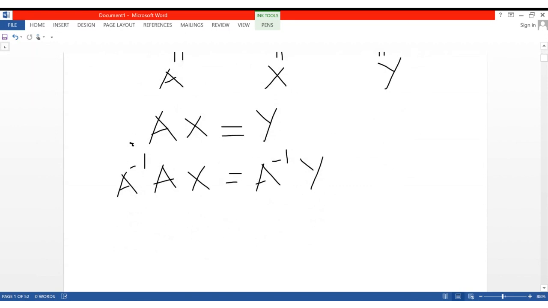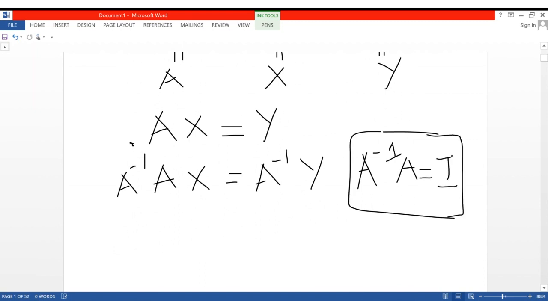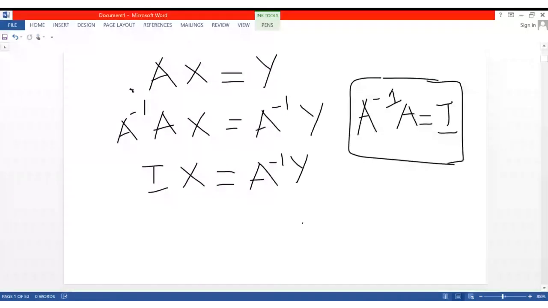Now A inverse times A, remember in the introduction, we get the identity matrix. So this side we shall get the identity matrix times X, and on the other side A inverse times Y. The identity matrix times any matrix gives the same matrix. So let me go back to what we had.